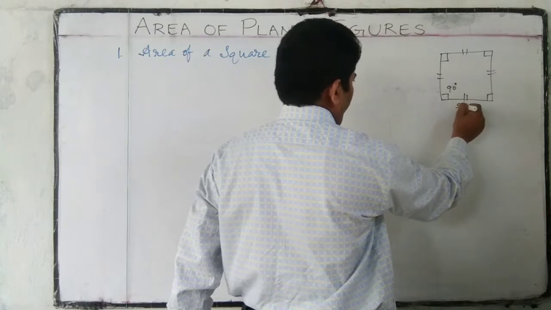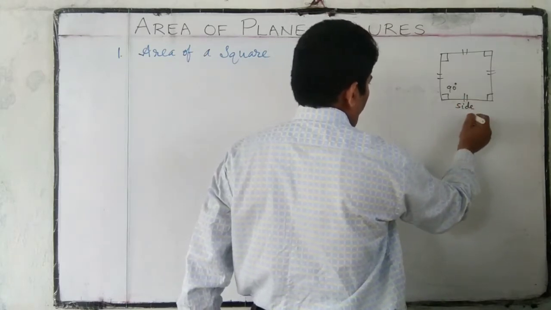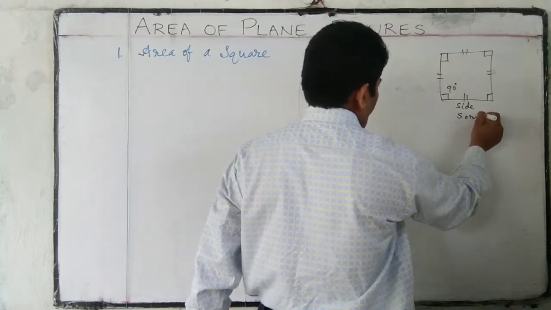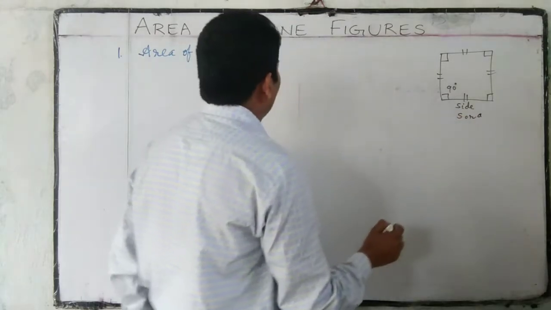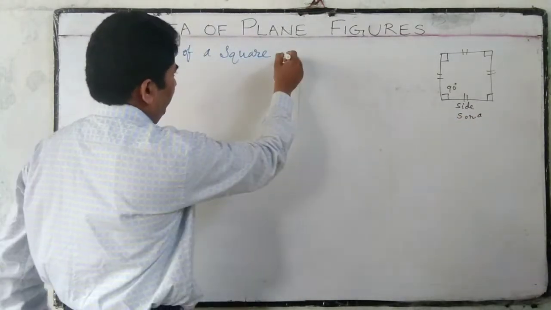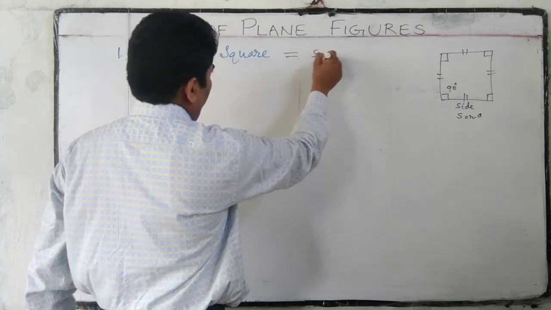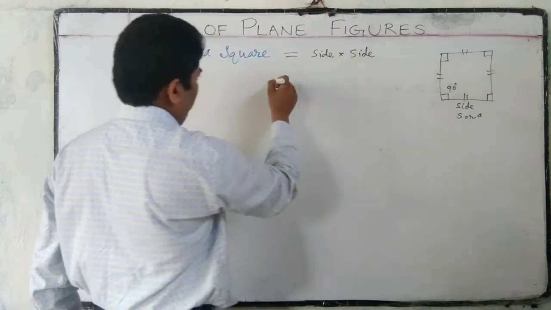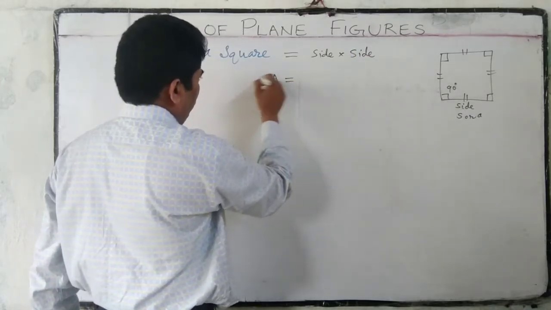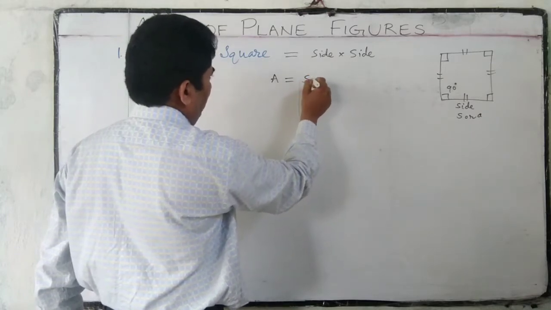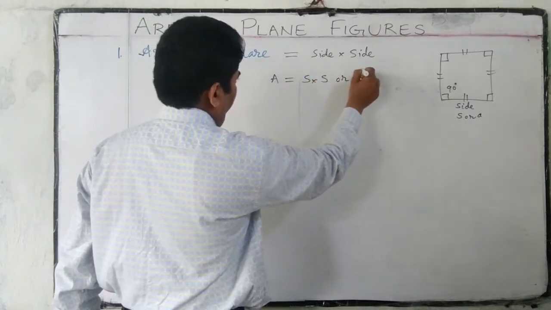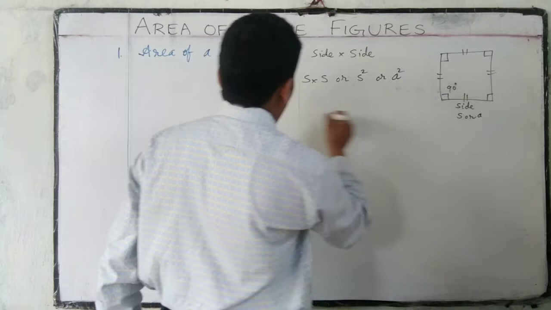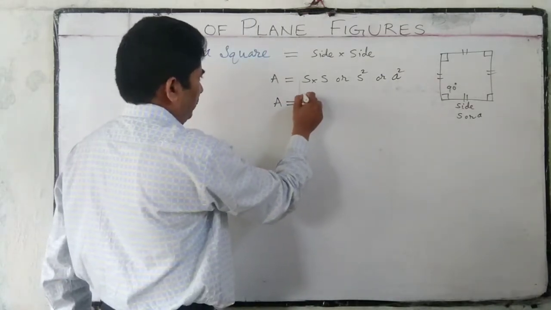Side is denoted by S. So area of a square is equal to side into side. That is A is equal to S into S, or S square. A is equal to S square.